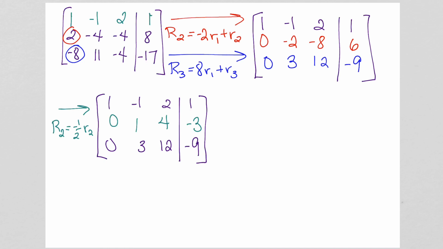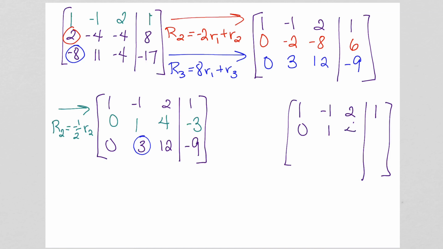And last, we need to get a 0 here. So the first two rows are going to stay the same. We're done with them.